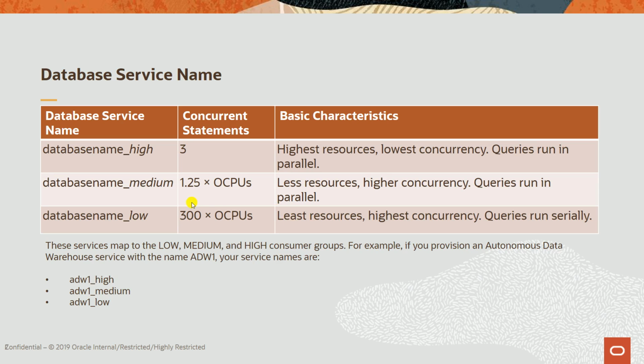So you can see the formula here, 300 multiplied by OCPU. For example, if you provision your database with 3 OCPU, the maximum number of SQL statements in the low service will be 900 SQL statements. So that's the basic characteristics and the difference between the high service, medium service, and low service in ADW.